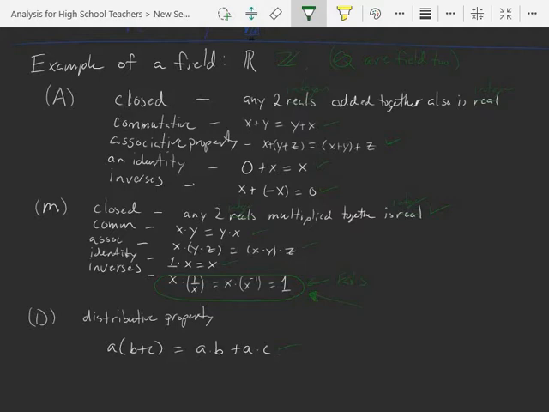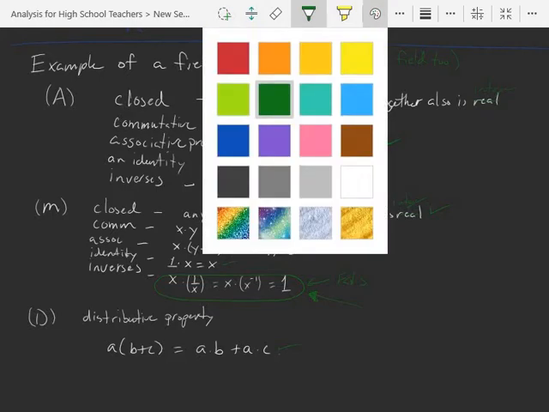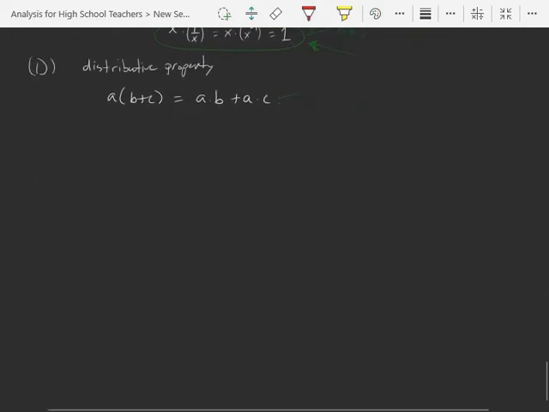Okay. So let's see another example of a field, and this will be a little bit unusual. So let's look at F, and it's going to be the set of a plus b times the square root of 2, where a and b are rational numbers. Okay, let's prove that this is a field.